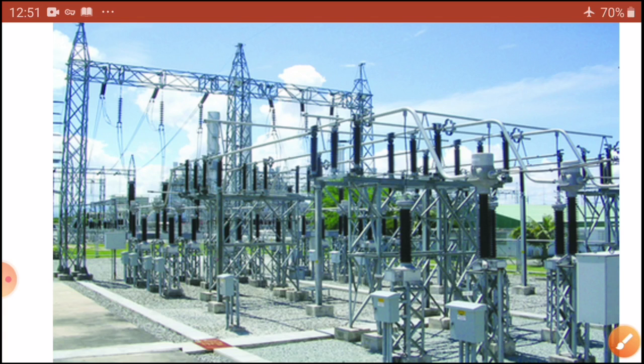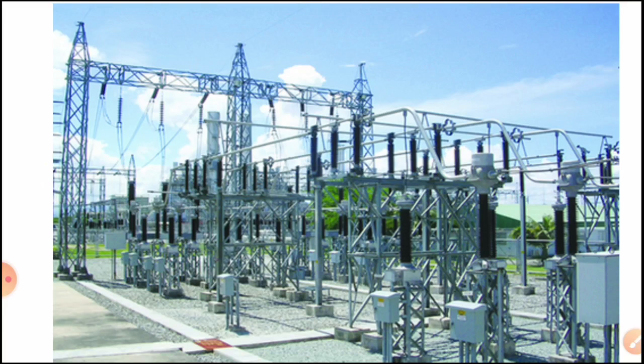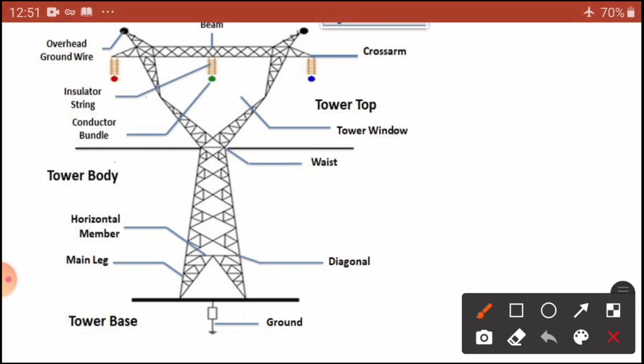Now, dear students, let us see the basic idea of pylon towers. Up to this line, you can see this is the waist. Here is the tower body and here is the tower base, and that should always be earthed at ground potential, because all steel structures are at ground potential.